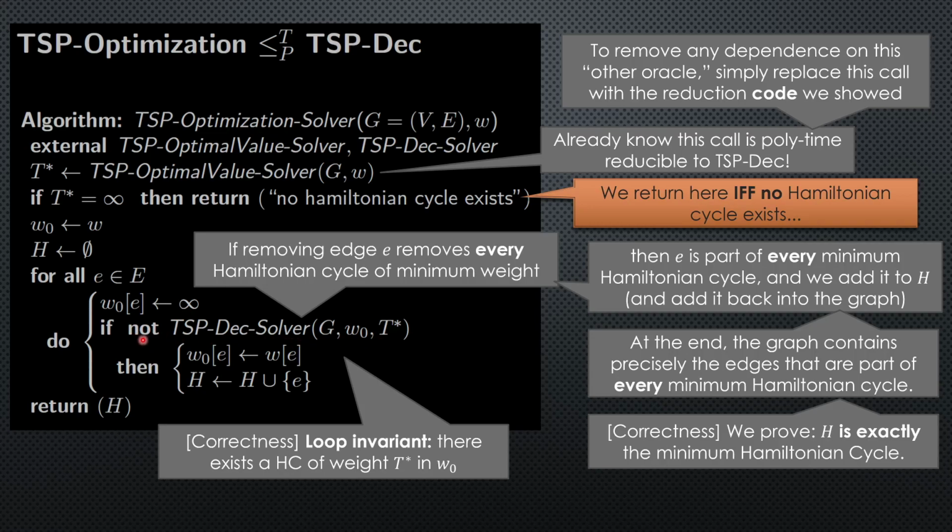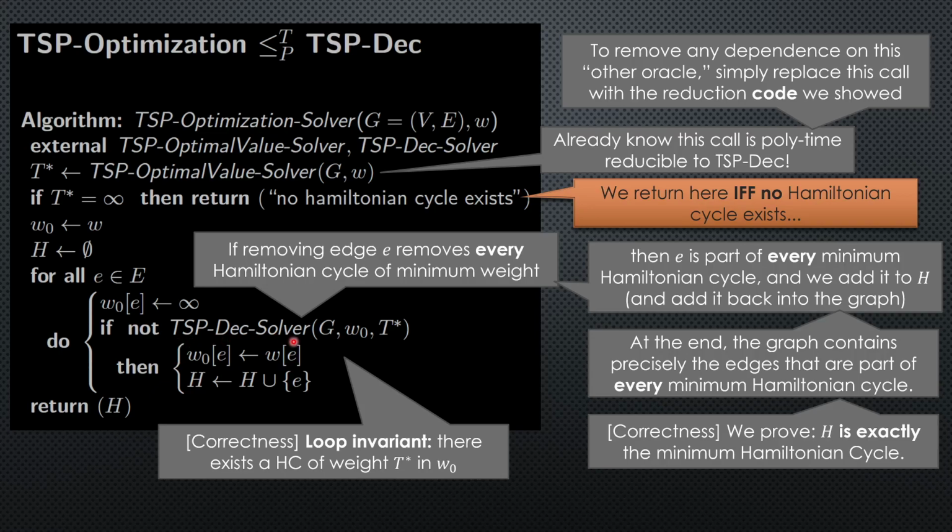And if it returns false, we will actually restore that edge weight, and we'll restore the graph to the state it was in at the beginning of this loop iteration. And at the beginning of this loop iteration, we knew there was a Hamiltonian cycle of weight T star in the graph induced by W naught. Okay, so if we remove all Hamiltonian cycles of optimal weight, then we're going to put all of those cycles back before we terminate the loop iteration.